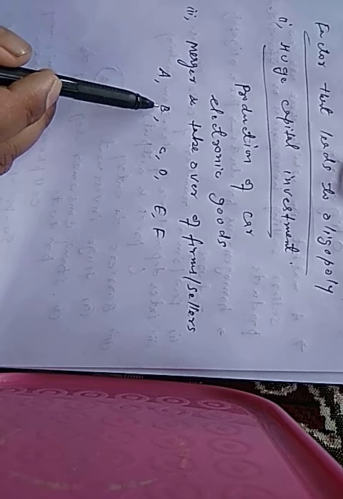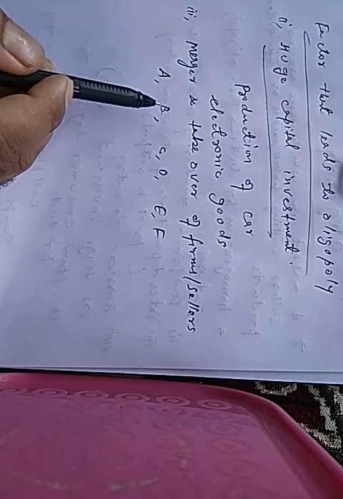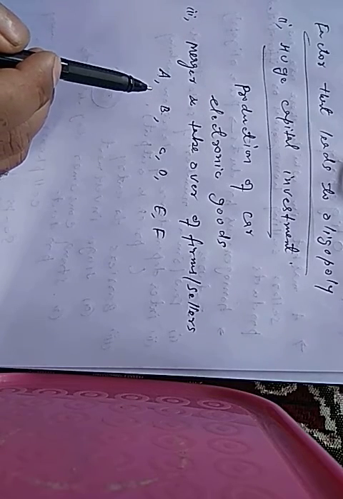Due to some reason, such as low profits or low demand for a product, some firms will merge in order to maximize their joint profits. For example, A and B will merge. They will form only one firm, only one seller, AB.